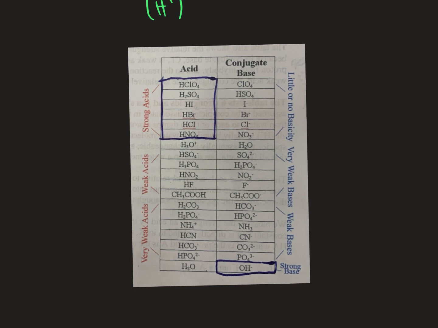All right. So here's our acids. And the only ones you need to memorize are these strong ones. So here's our bases. We'll just call this a base. Okay? You need to memorize the strong acids and strong bases.